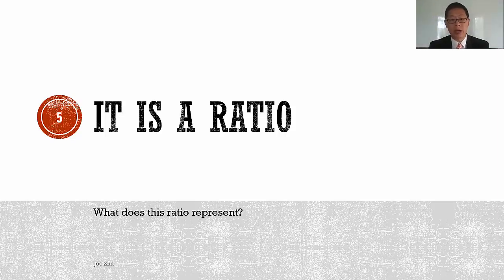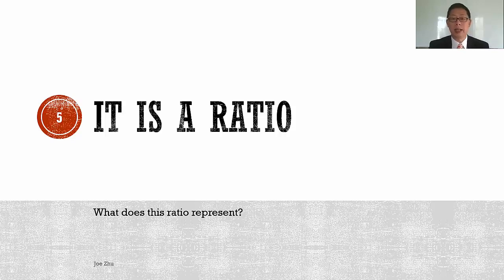You have to answer that question, because there are two things going on simultaneously. One is what this ratio represents, but that depends on the measures that you use, what input measures or output measures you use. Sometimes it may not have a specific economic meaning.